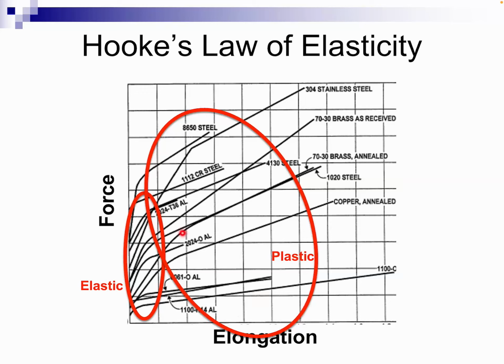This second area of the graph is the plastic region, which we've learned in the earlier slide means that even if you remove the force, the object doesn't return to its original undeformed shape. And then finally, you'll notice that at some point, the graph terminates. The reason for the termination is that at this point, the object fails or breaks.